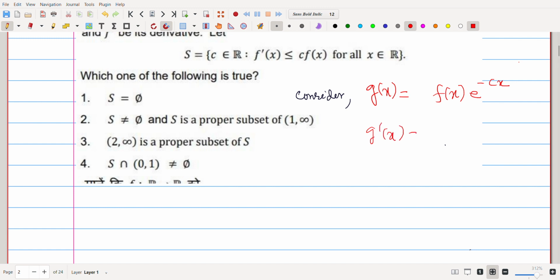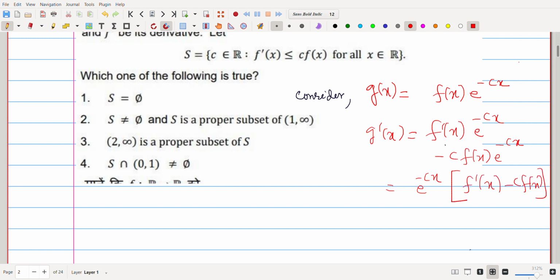Then g prime of x equals f prime of x times e^(-cx) minus c times f of x times e^(-cx), which implies e^(-cx) times (f prime of x minus c f of x).